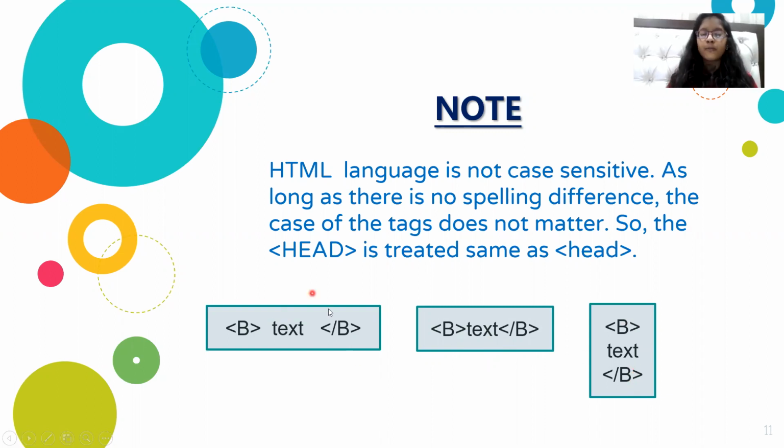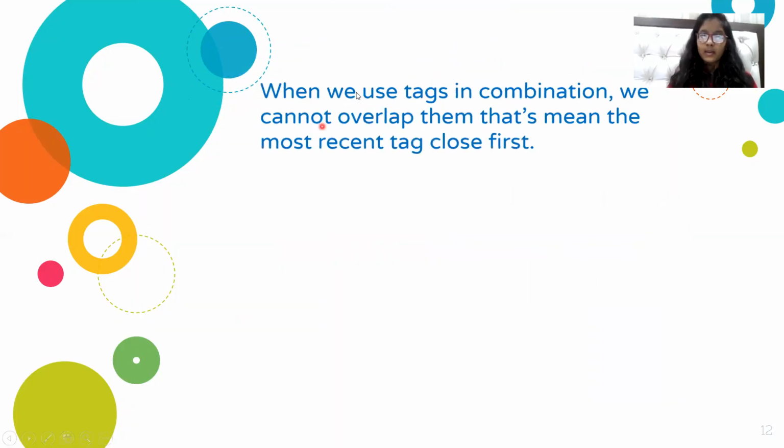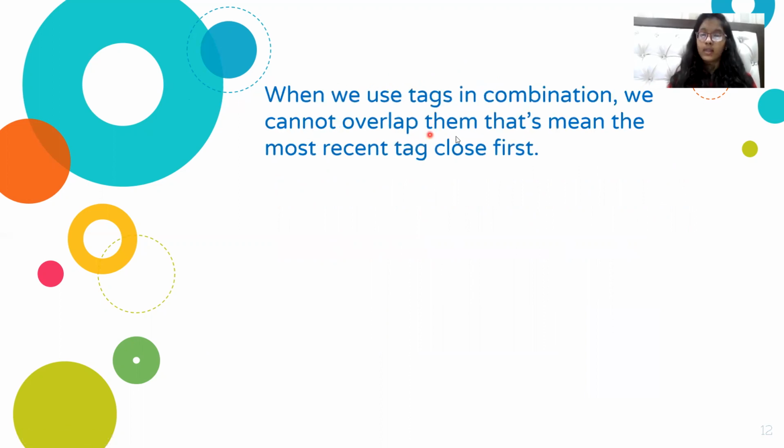And if you have put the text in capital letters, that also won't matter. But there is a difference with B: if I start with capital B, I have to finish with capital B only, not capital B and small b. Understood?